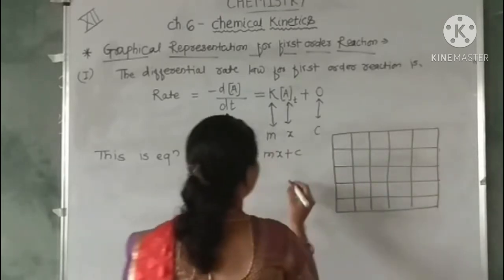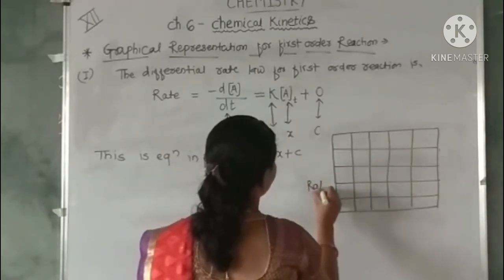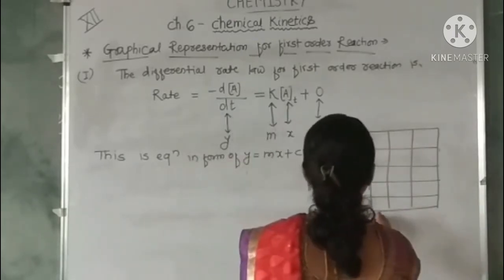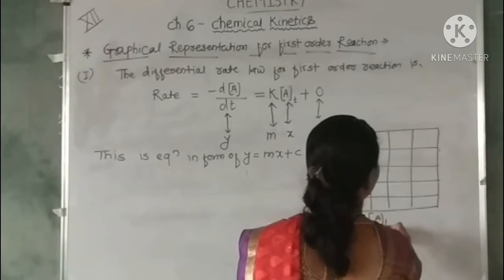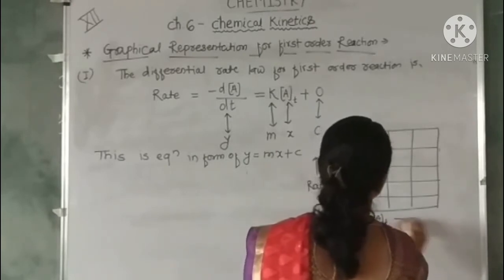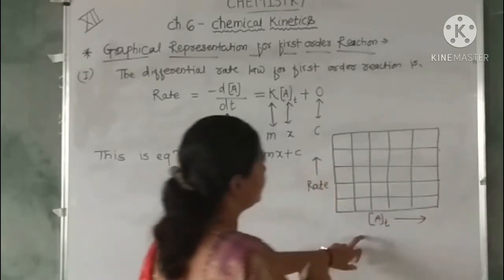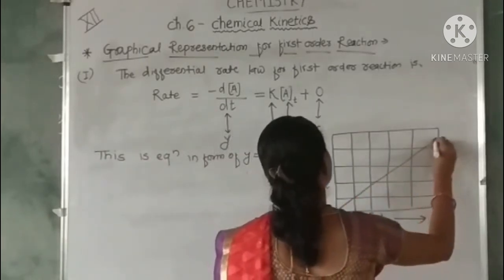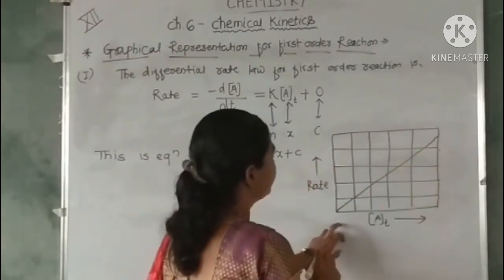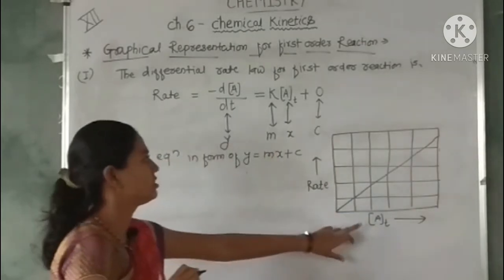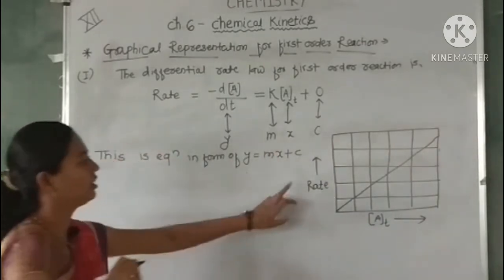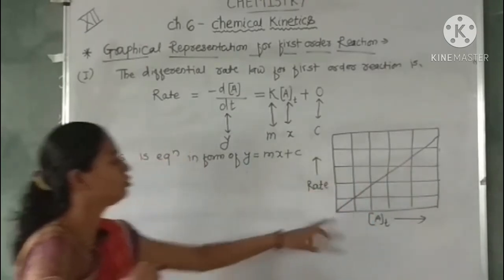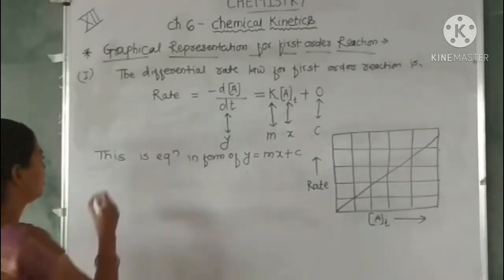If we plot the graph of rate versus At, it is a straight line passing through the origin.